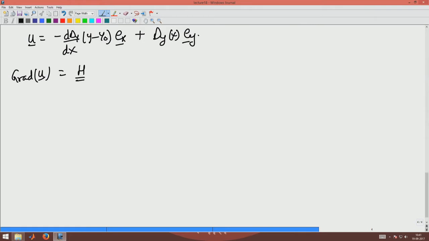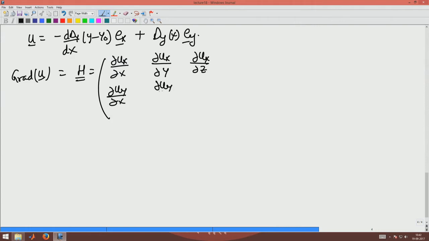The gradient of u is h, which is given by dou u x by dou x. If you recollect, we saw this when we were looking at strains: dou u x by dou y, dou u x by dou z, dou u y by dou x, dou u y by dou y, dou u y by dou z, dou u z by dou x, dou u z by dou y, dou u z by dou z.